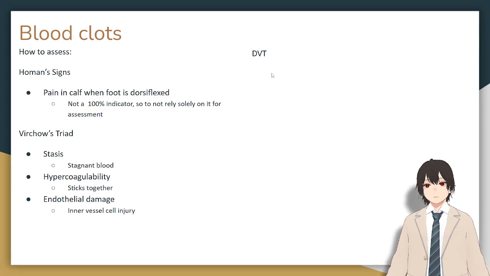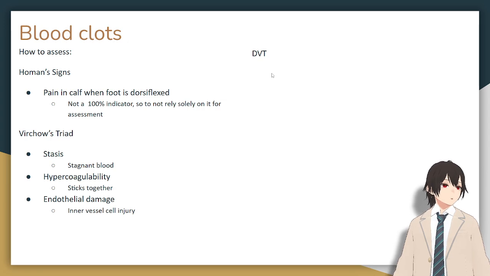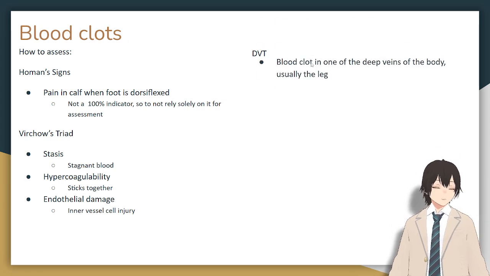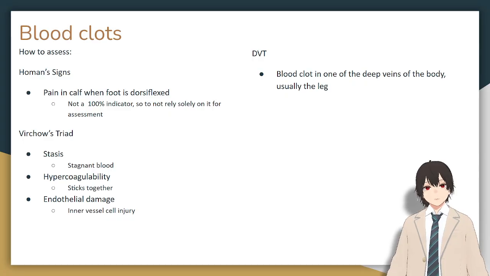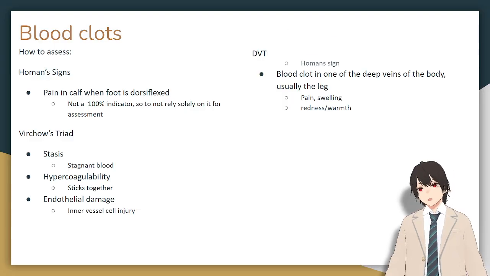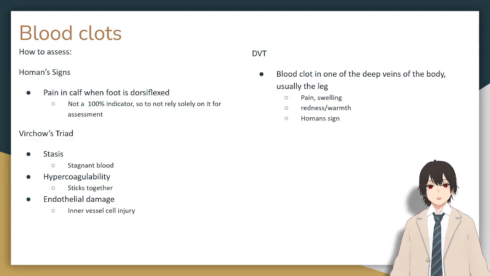Now, in the same frame as blood clots, deep vein thrombosis is when there's a blood clot in one of the deep veins of the body. Usually it's the legs, but it can happen anywhere else in the body. There's going to be pain, swelling, redness, warmth, the Hohmann sign sometimes, and also shortness of breath.